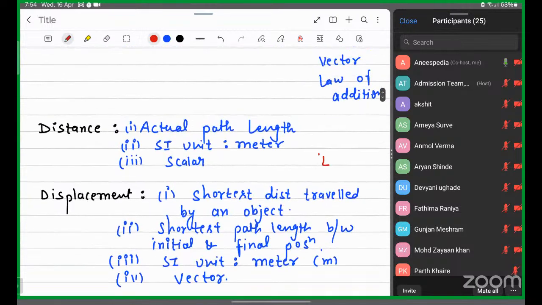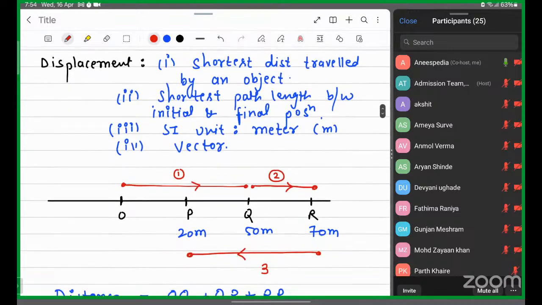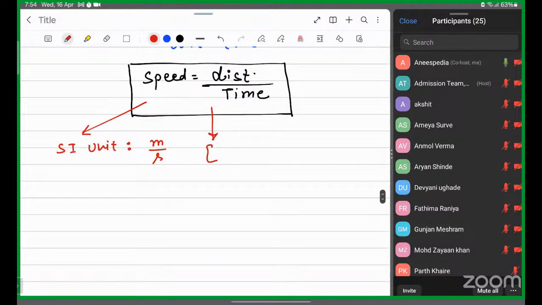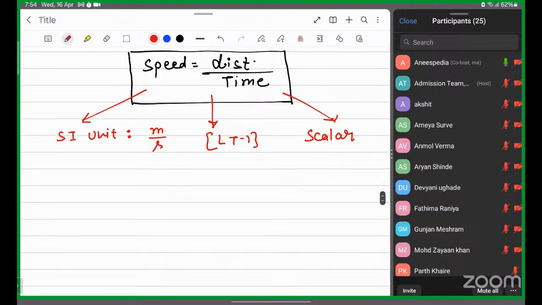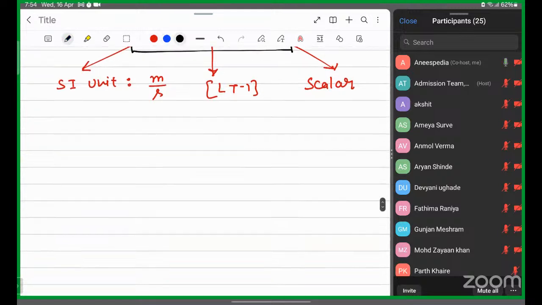L. And for displacement? It is again L. So in case of speed, this will be L by T, that is LT^-1. Another important point is that speed is a scalar quantity, because distance is scalar and time is also scalar, so speed will be a scalar quantity. Next we have types of speed.